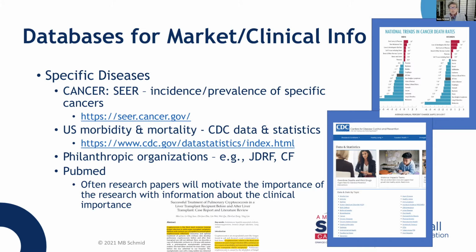There are other organizations that I'm sure you know about and mine them because they have, again, information, juvenile diabetes, cystic fibrosis, and there are many, many others. And again, PubMed, there are often cases in which just regular research papers about something esoteric will motivate the importance of what they're doing in the introduction of the research paper.